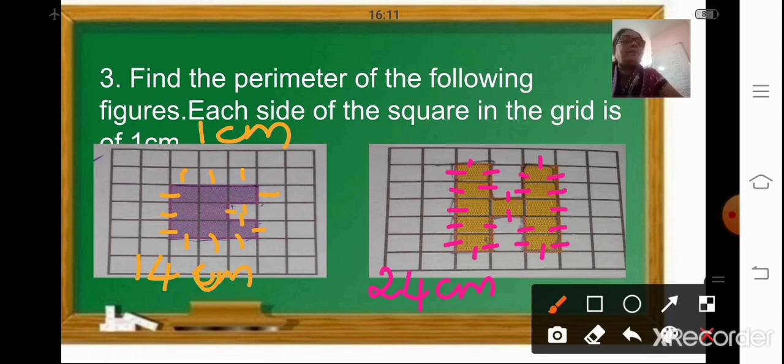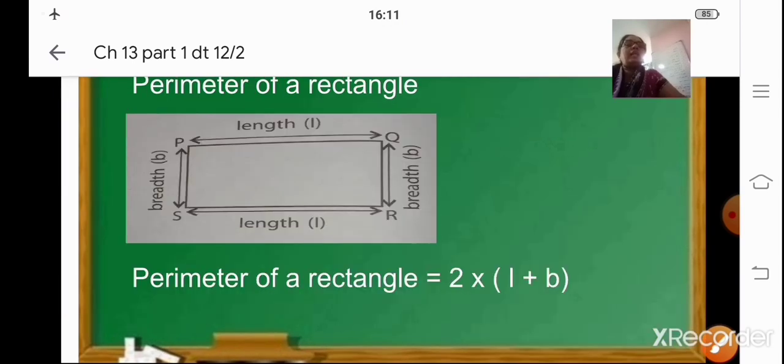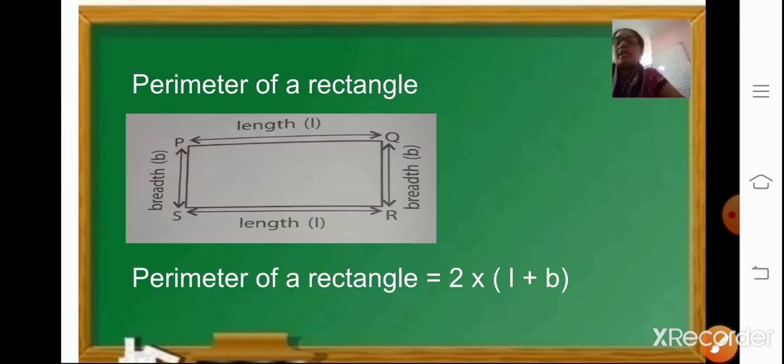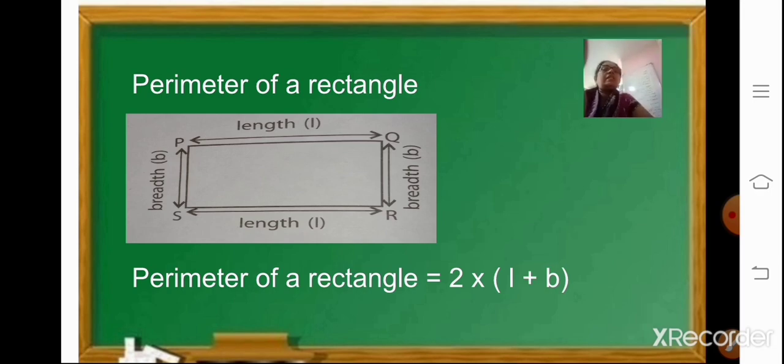Now today let us learn to find the perimeter of some closed figures using their formulas. First, let us learn how to find the perimeter of a rectangle. In a rectangle, you all know, children, there are 4 sides, and the opposite sides are equal.